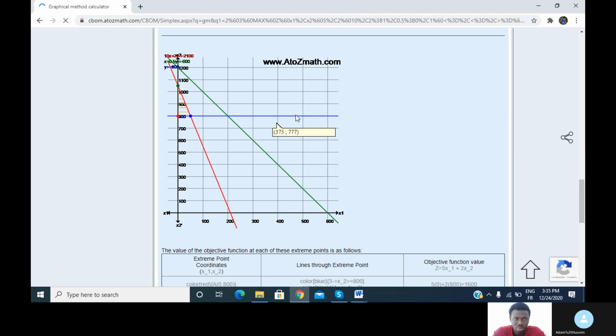The feasible area is here, as you can see.